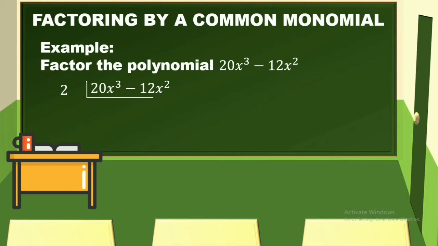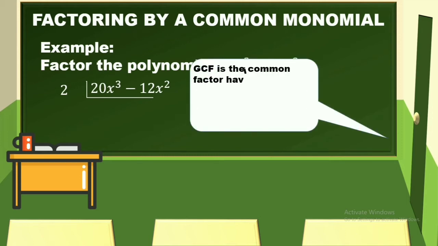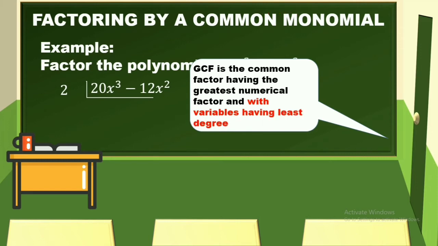What about the common factor of x cubed and x squared? Going back to the definition ng GCF, it is the common factor having the greatest numerical factor with variables having the least degree.